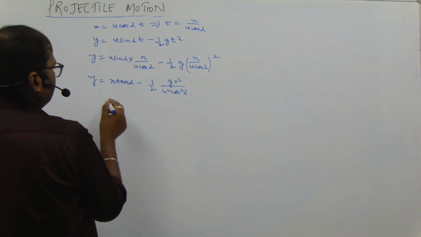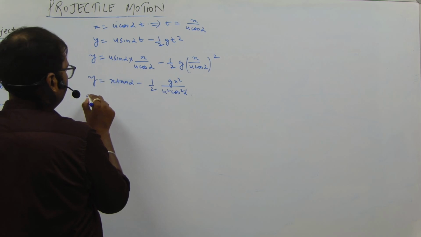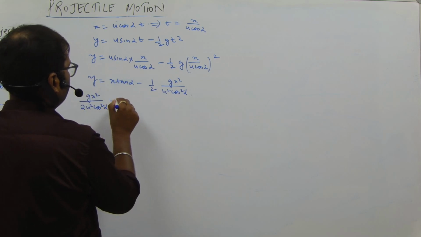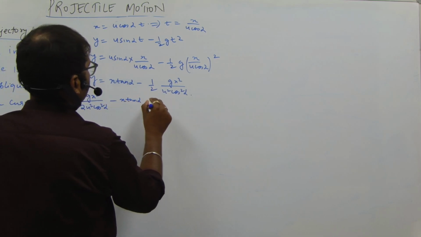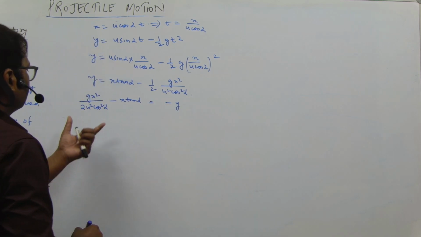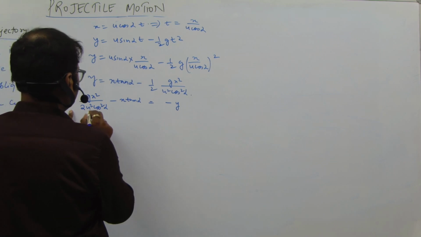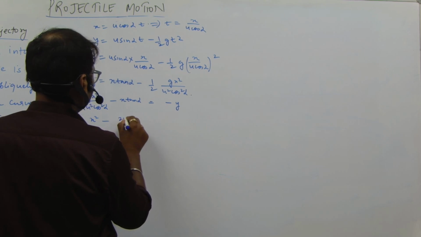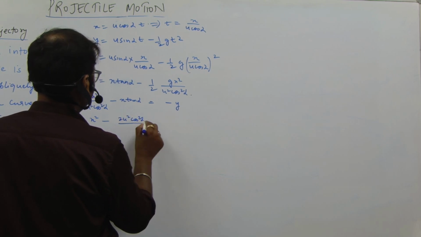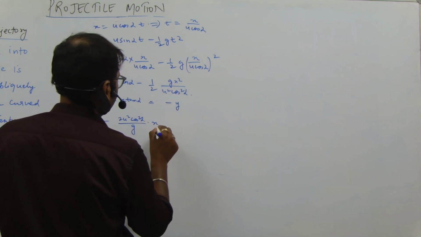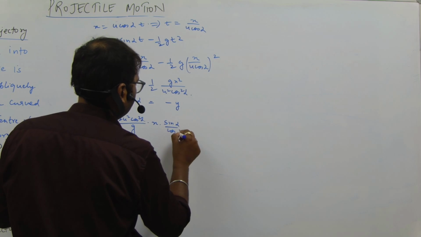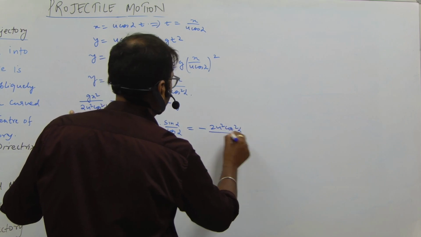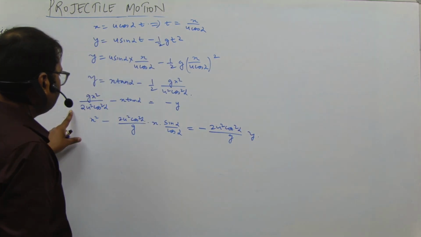Let us take this to the left-hand side. So we have gx²/(2u² cos² α) − x tan α = −y. Let us multiply this by 2u² cos² α/g. We have x² − (2u² cos² α/g)·x·(sin α/cos α) = −(2u² cos² α/g)·y. So the cos α cancels, and this will be x² − (u²/g)(2 sin α cos α)x = −(2/g)u² cos² α · y.